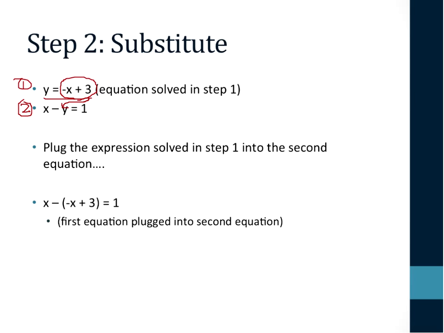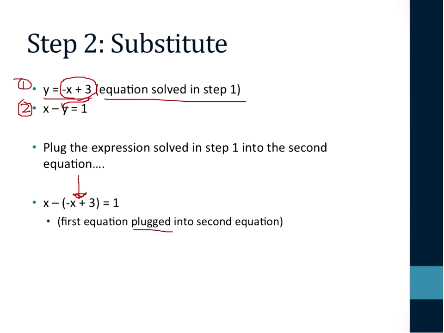And you can see here the substitution occurred right here. So I originally had x minus y equals 1, but I said since y equals a negative x plus 3, again I had re-solved that equation in the first step, I'm going to substitute that in, or plug it into the second equation.